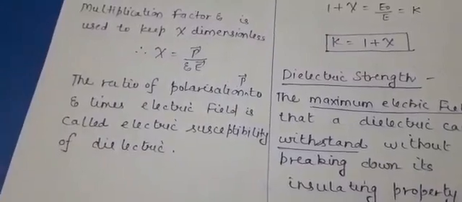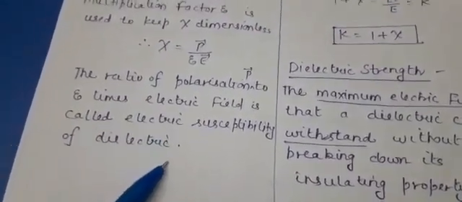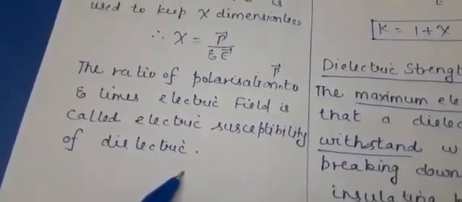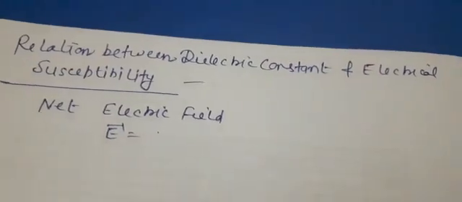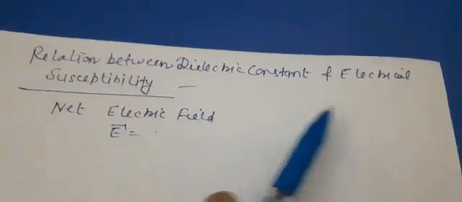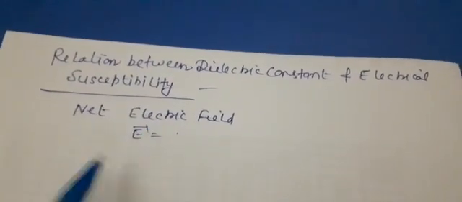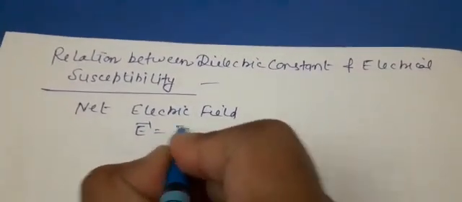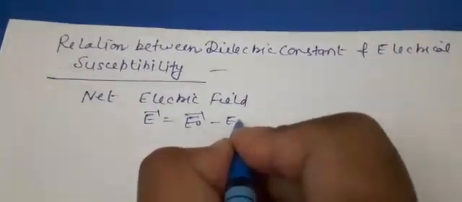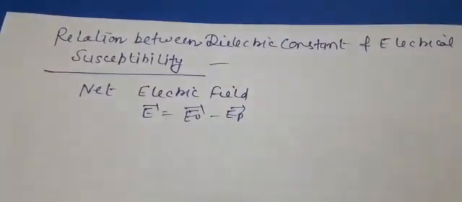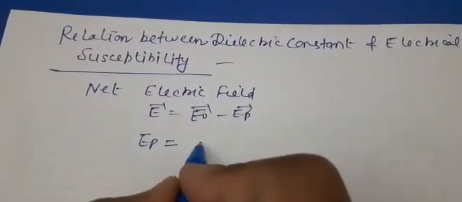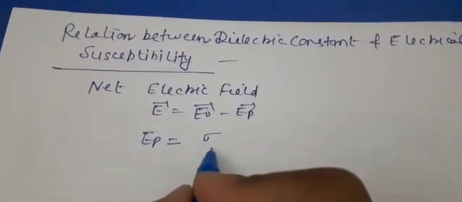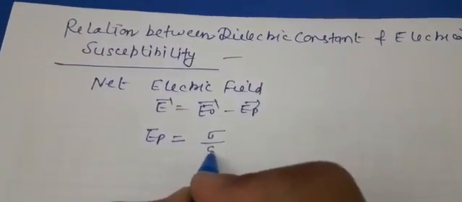On the basis of the concept of electrical susceptibility, we will establish the relationship between the dielectric constant K and electrical susceptibility. As we know, the reduced electric field is given by E naught minus the induced field, which can be E_i or E_P, anything we can use. The electric field between the two plates comes out to be sigma by epsilon naught, so it will be sigma_P.